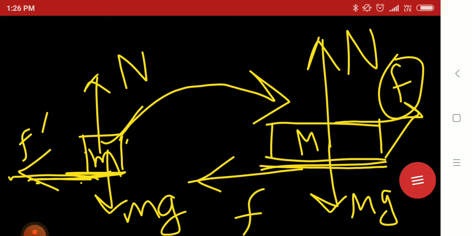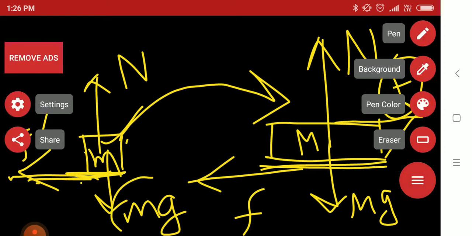So due to this mg, this is a gravitational force, the normal force will act perpendicular to it. Okay, no problem.